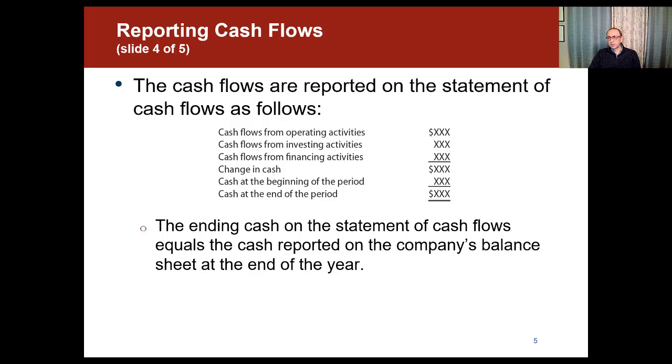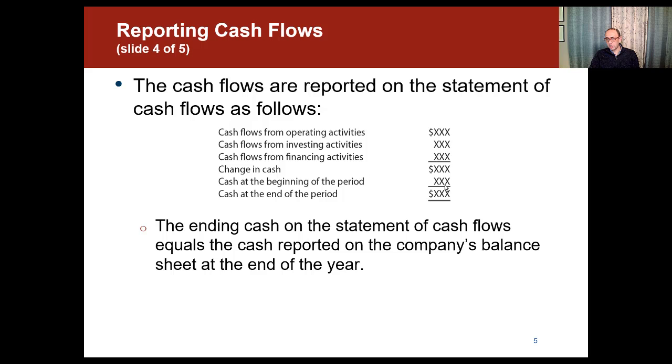So the cash flows are reported on the statement of cash flows as follows. We have cash flows from operating activities, then we have cash flows from investing activities, and then cash flows from financing activities. These are the three areas of the statement of cash flows. Then we get the total of these three sections, and we call that change in cash.